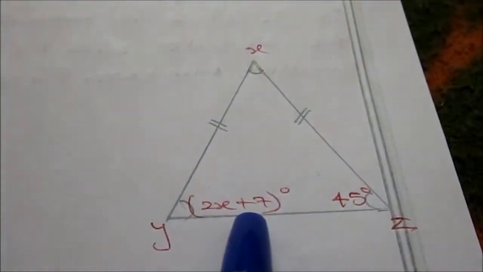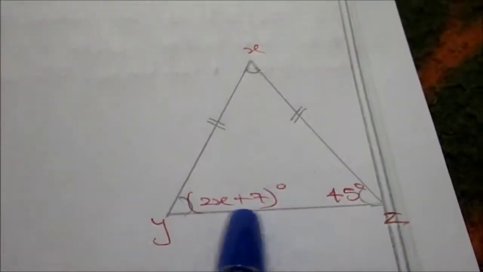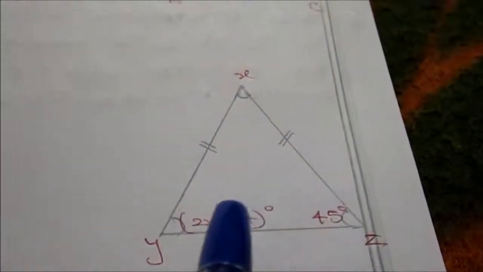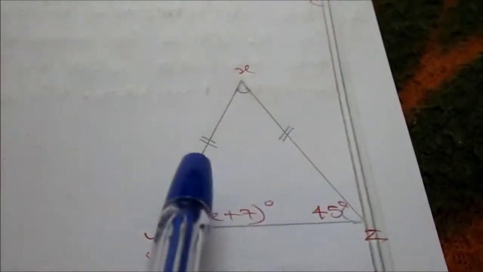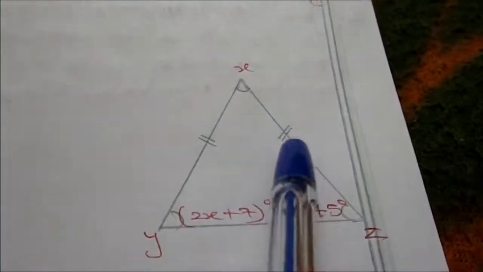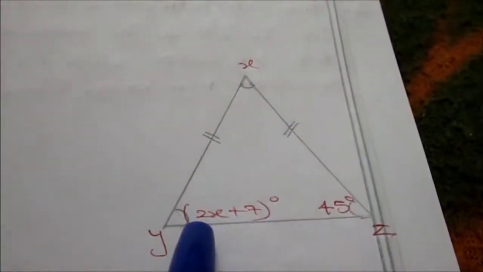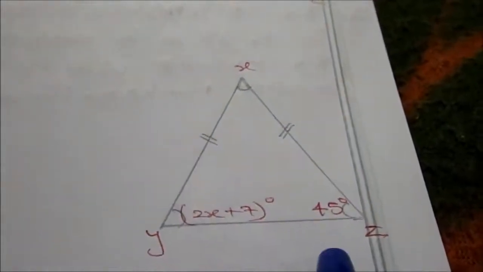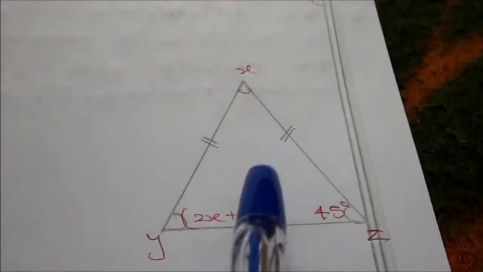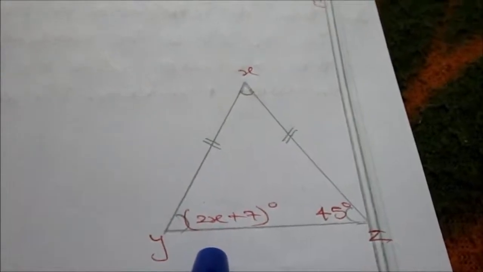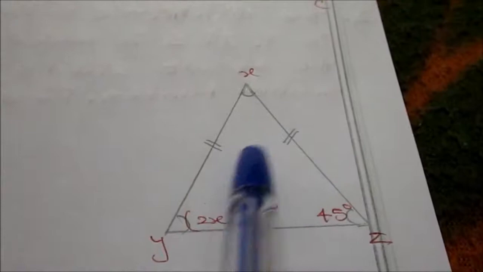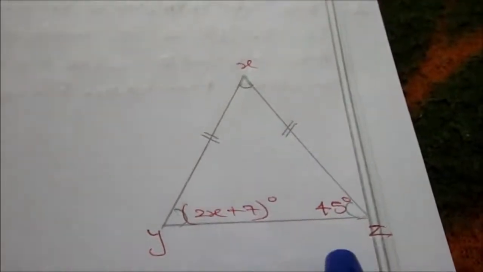In an isosceles triangle, two sides are equal, so the opposite angles of these sides are also equal. The opposite angle of this side is 45 and the opposite angle of this side is 2x plus 7.